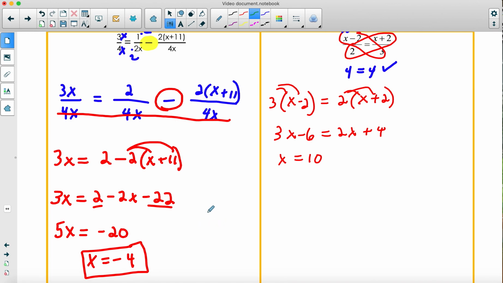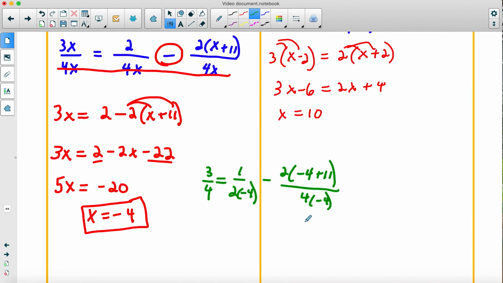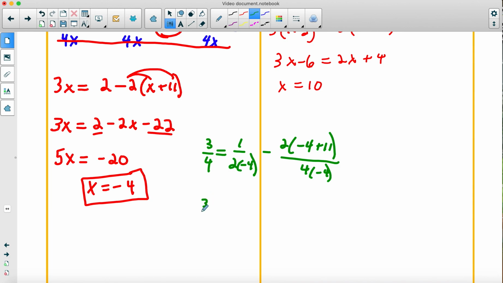So on the right-hand side, I have 3/4 is equal to, so I'm up here. This is 1 over 2 times negative 4. There's my minus sign. 2 times negative 4 plus 11, all over 4 times negative 4. Right, so if I wanted to do this, and I'm doing it cold, no calculator, this is going to be negative 1/8. I hope you see that, because this is going to give you a negative 8, same as negative 1/8.